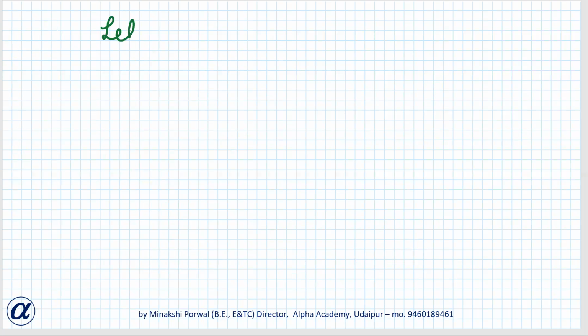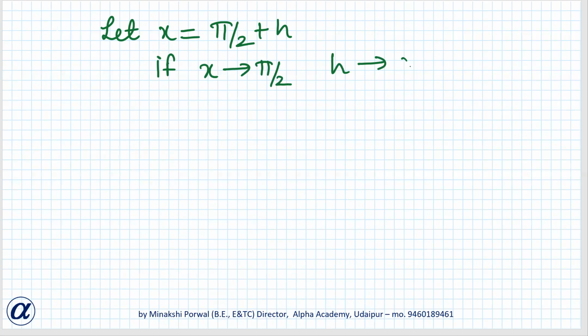So let x equal pi by 2 plus h. If x tends to pi by 2, h tends to 0. Are you getting what I am doing?